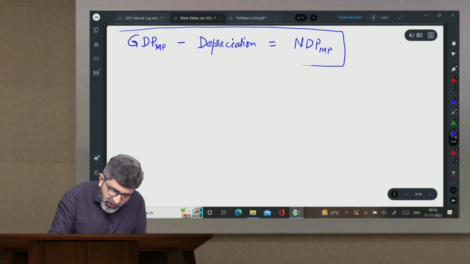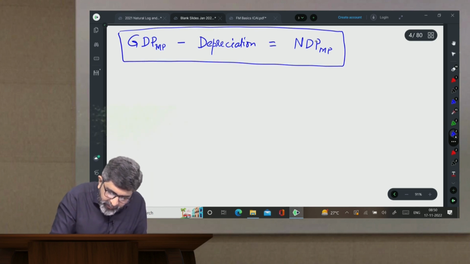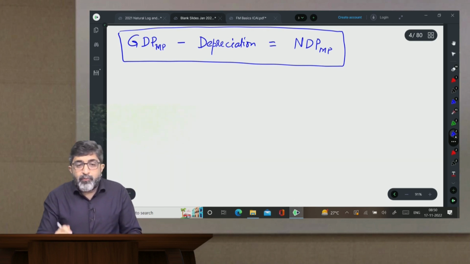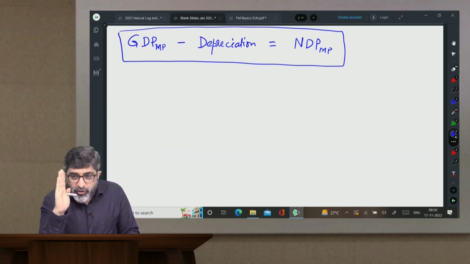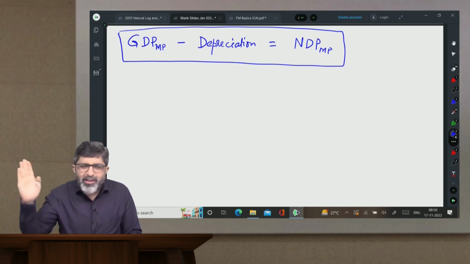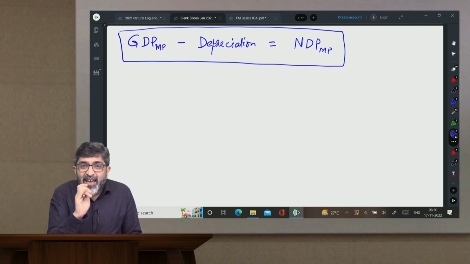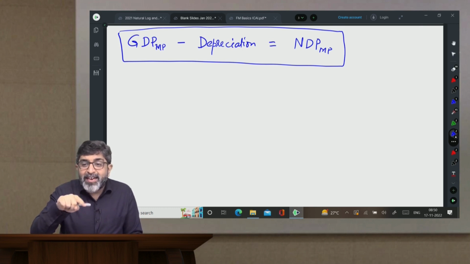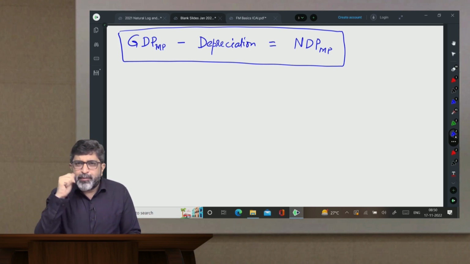This one equation is going to connect between which two factors? GDP at market price and NDP at market price. So throughout the chapter national income, when I say gross, it is before charging depreciation. When I say net, it is after charging depreciation.